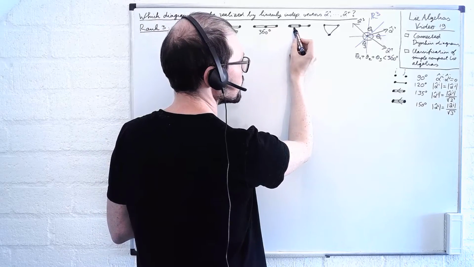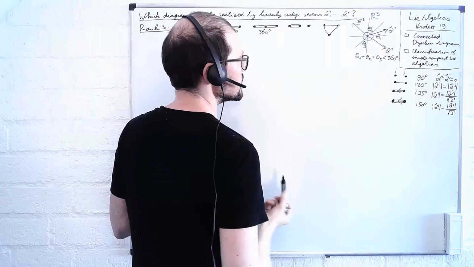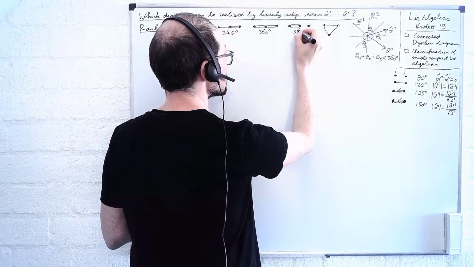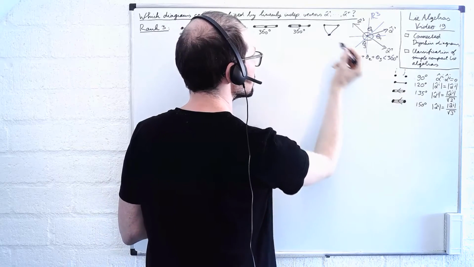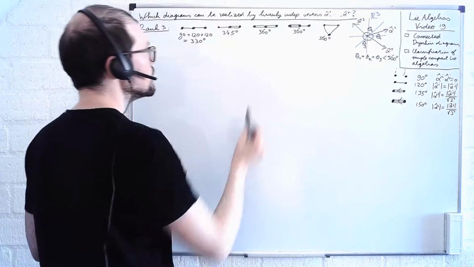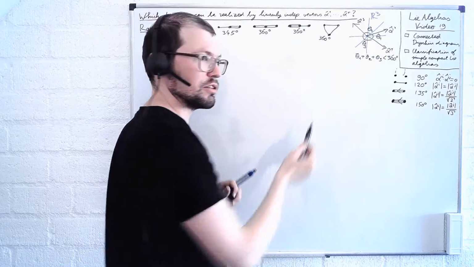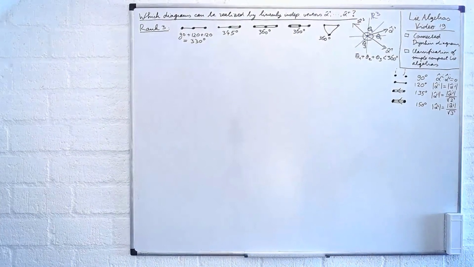Here I have 150 plus 120 plus 90, so that's also 360. And here I have 3 times 120, so this is also 360. So none of these actually satisfy this bound.